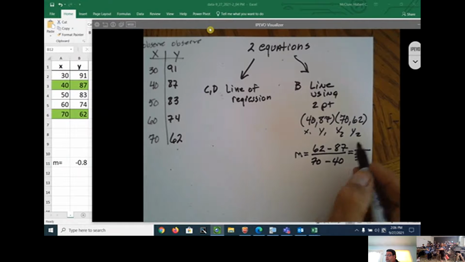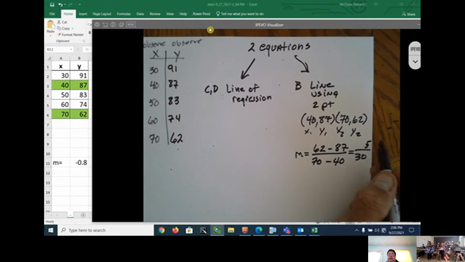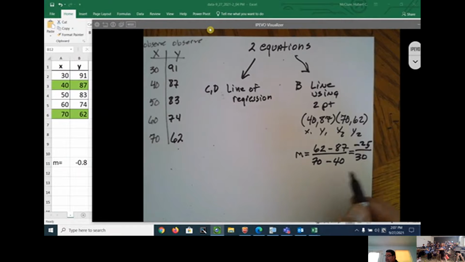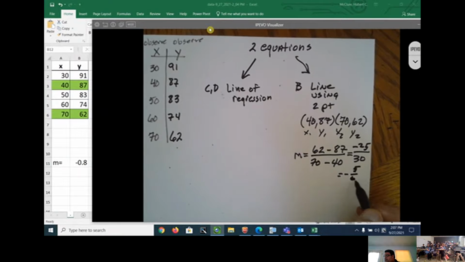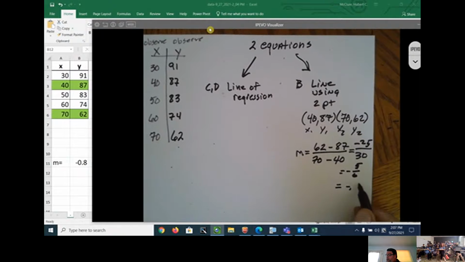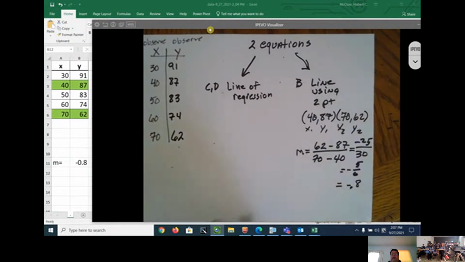So negative 25 over 30, and that's negative 5 sixths. Isn't that 0.8? 0.8 3 repeating, but yeah, you're welcome.